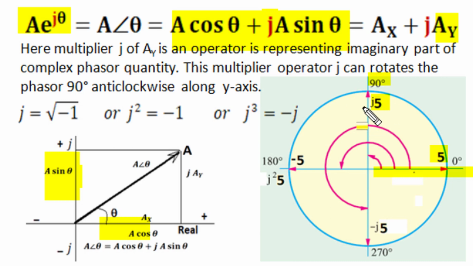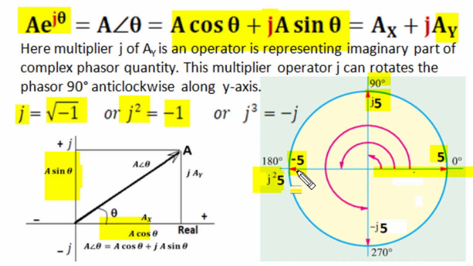If we make one more multiplication of j with j5, then it will become j square 5, and in the mathematical sense j is the square root of minus 1, so j square is the real number minus 1, and this j square 5 becomes minus 5, and minus 5 is just the opposite vector of 5 with the same magnitude but the opposite direction.